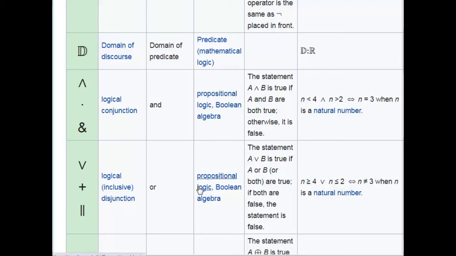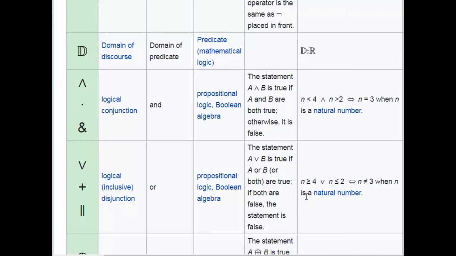Okay, the next one is logical disjunction. And often we use this one for disjunction. It is "or". Disjunction, it means "or" here. We read "or". The statement A or B is true, by definition, if A or B, or both of them, are true. If both are false, the statement is false.